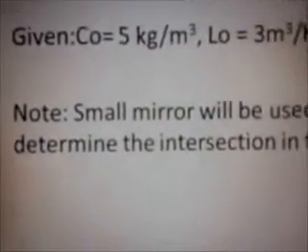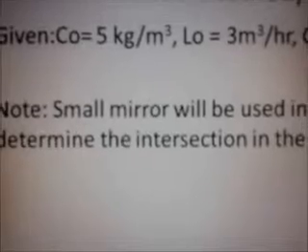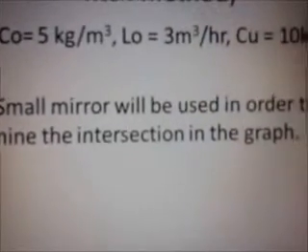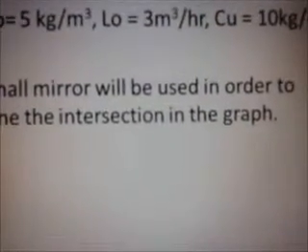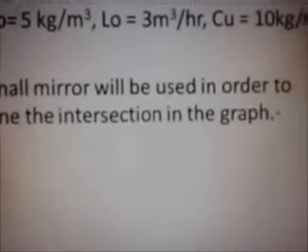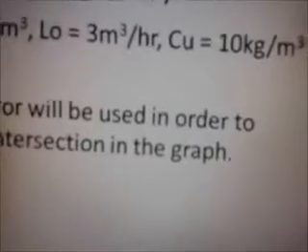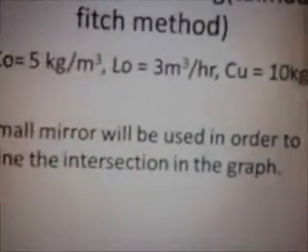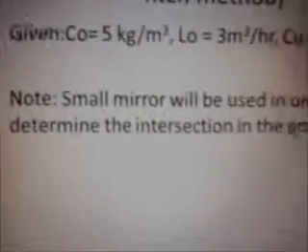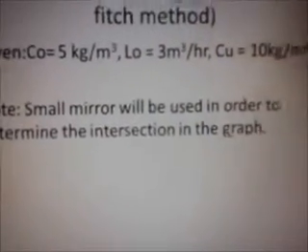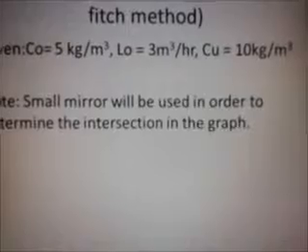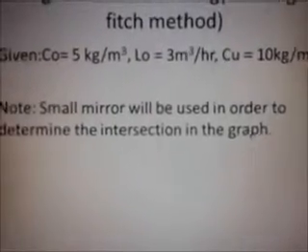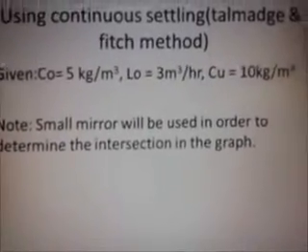So we are given CO of 5 kilogram per meter cube, LO, so it is just the feed, 3 meter cube per hour, and then CU, which is 10 kilogram per meter cube. So this is the underflow. So note, a small mirror will be used in order to determine the intersection of the graph.